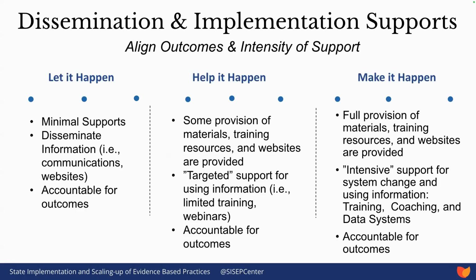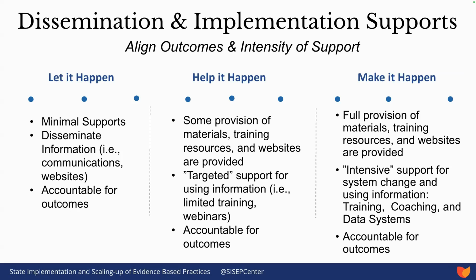Now, let's jump into how we look at dissemination and implementation supports. What we've tried to do is align the outcomes and the intensity of the support. So we think universally, letting it happen, right? There's minimal support, just disseminating information and making sure that you have the opportunity to let it happen, right?